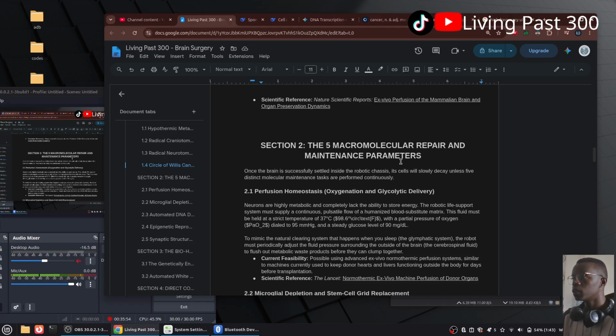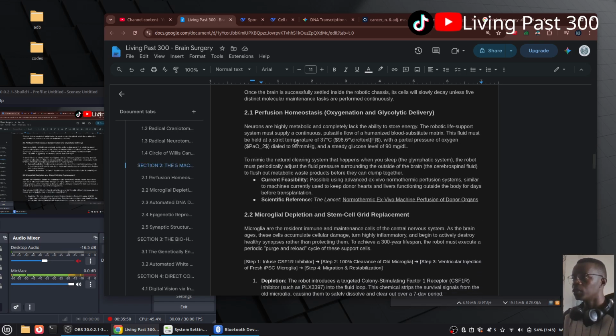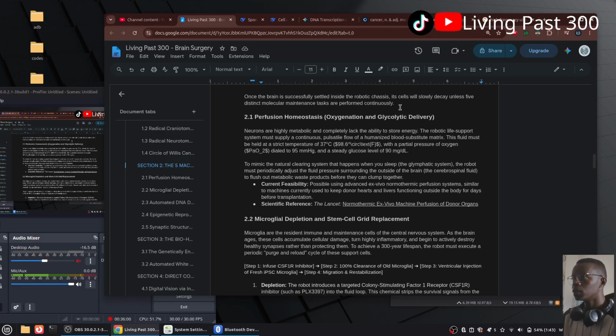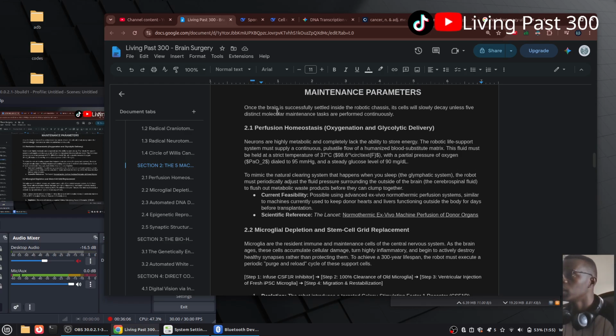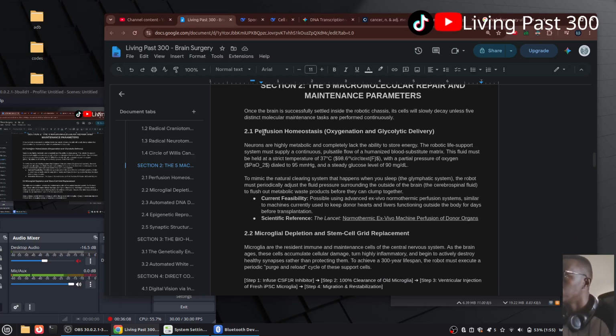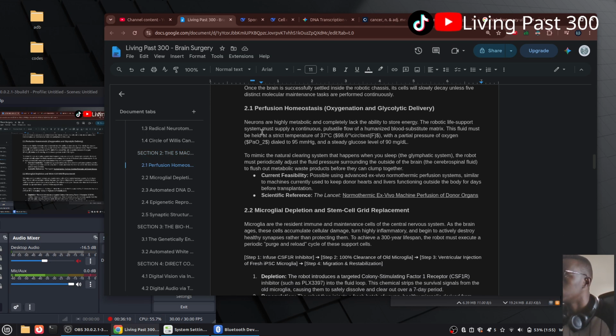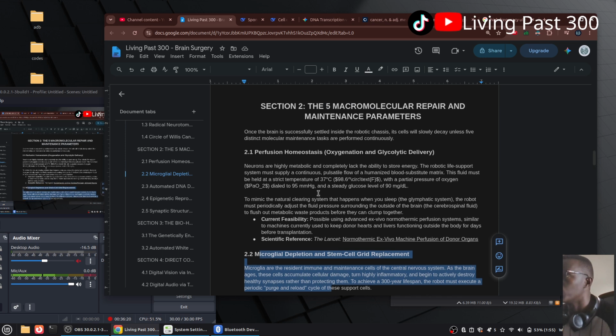The five molecular repair and maintenance parameters. While the brain is settled into a biotic change, its cells will slowly decay unless five distinct molecular maintenance tasks are done. Okay, yeah, it makes sense. Basically, the brain cells need oxygenated blood. Why do we need to change this? Okay, we'll learn about it.